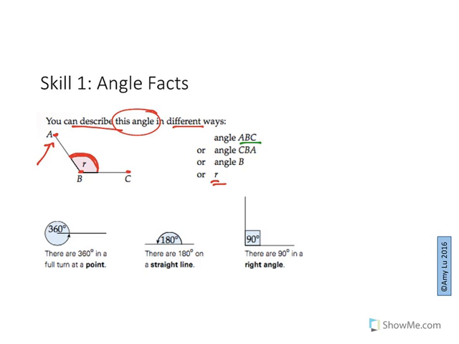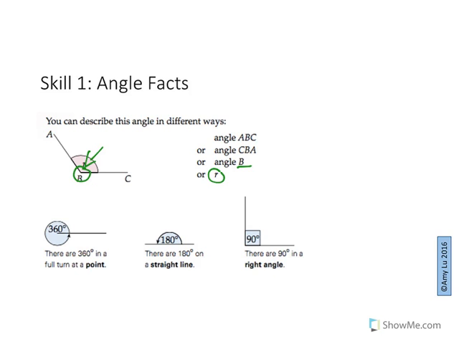So you can say angle A, B, C, or you can say angle C, B, A, or you can just simply say angle B. Or like we said before, angle R.